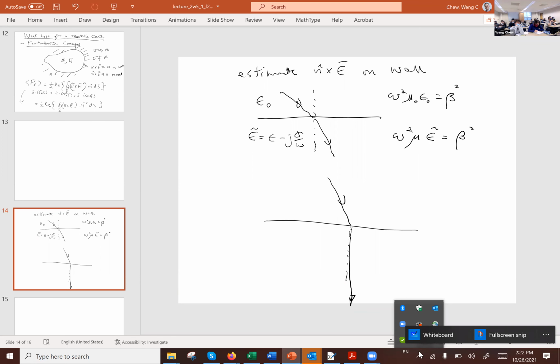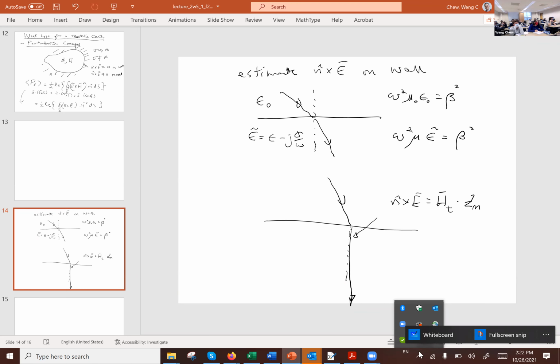So when you are at the air-conductor interface, the conductor is very high in conductivity, the wave will go in and get refracted so that it is almost normally propagating on the other side. So it will be like a plane wave on the other side, and you can actually estimate. At this place, you can estimate n cross E is going to be H tangential times Z sub m.